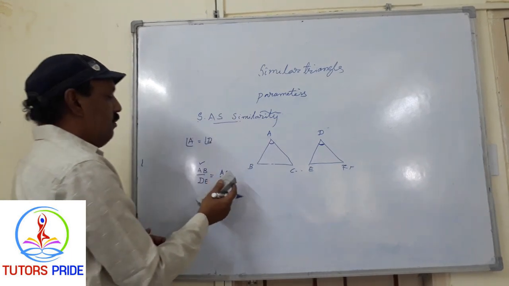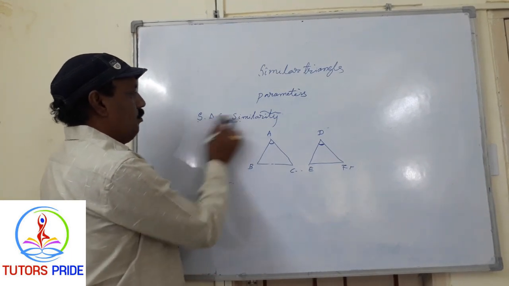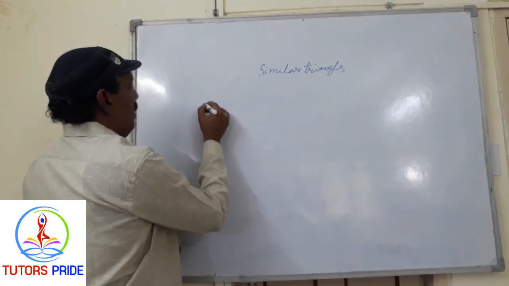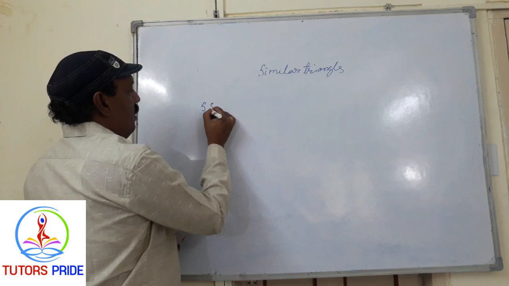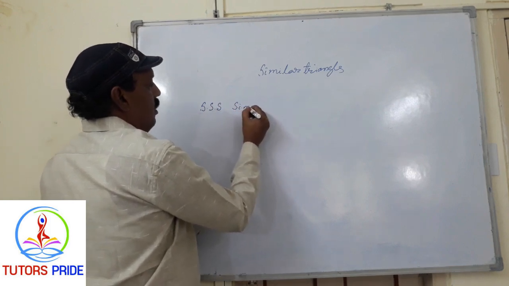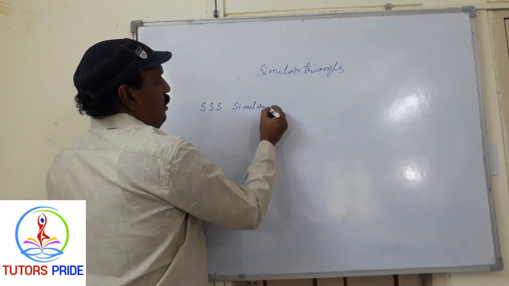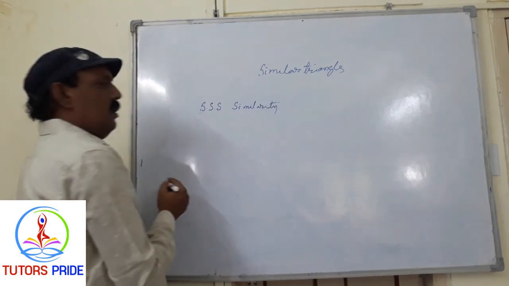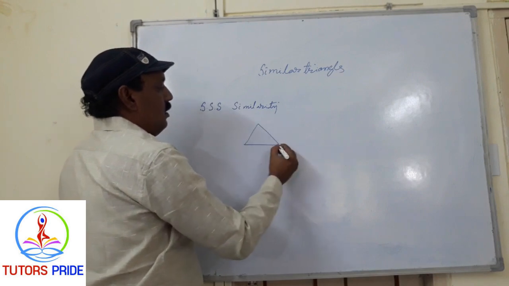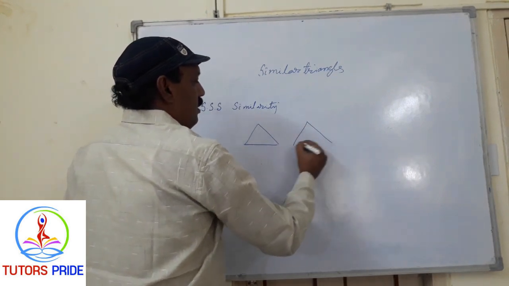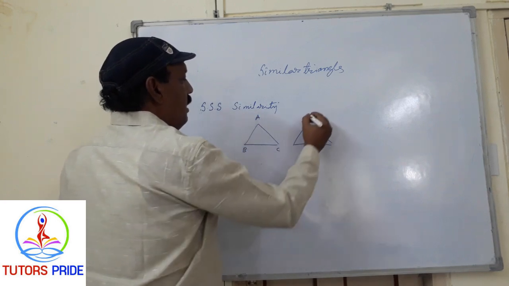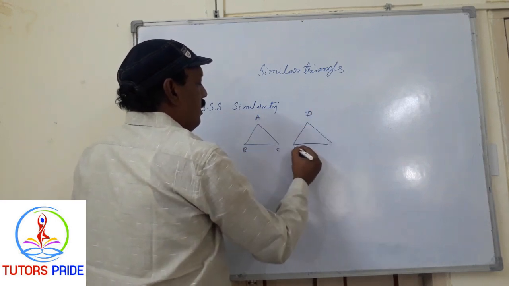And we come to parameter number 3. In this parameter number 3, you can see two triangles ABC and DEF.